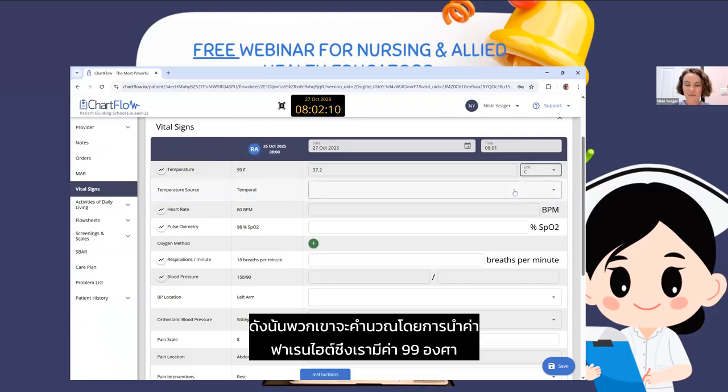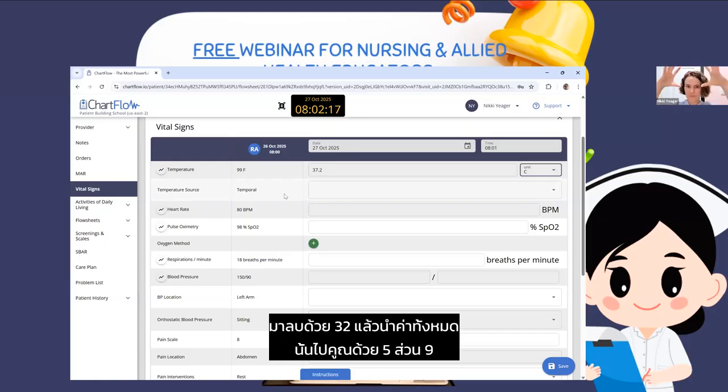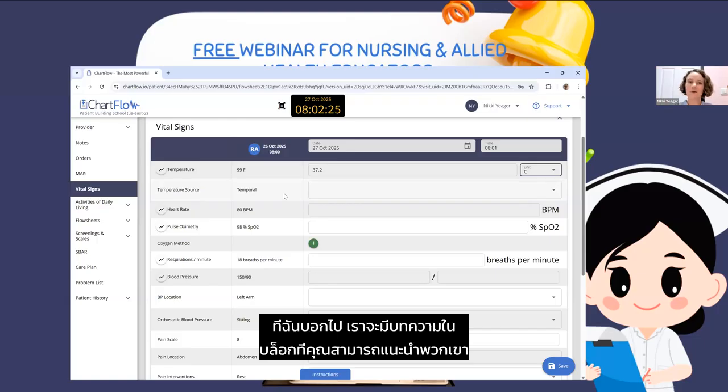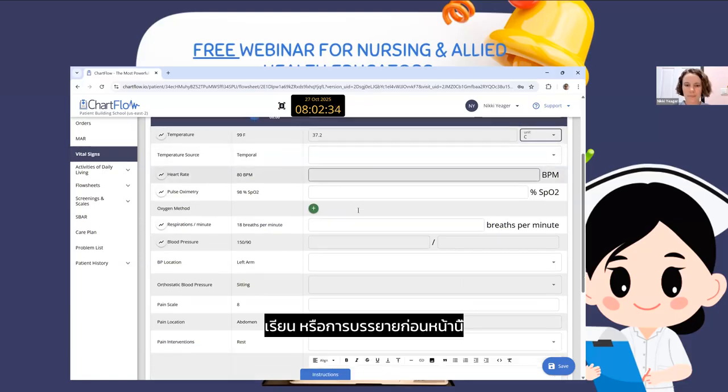So they're going to do that math: when you take the Fahrenheit, which we have as 99 degrees, you subtract 32 from it, take that whole thing and multiply it by 5/9. And if your students don't know that calculation or that formula, like I said, we're going to have a blog post you can direct them to, but that's something that should have been covered either in a workbook, their textbook, or a lecture beforehand.